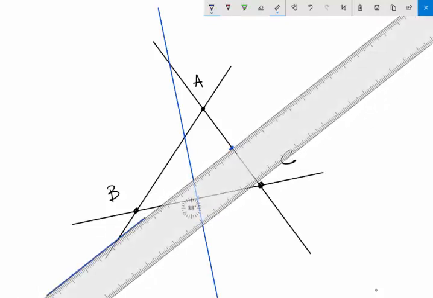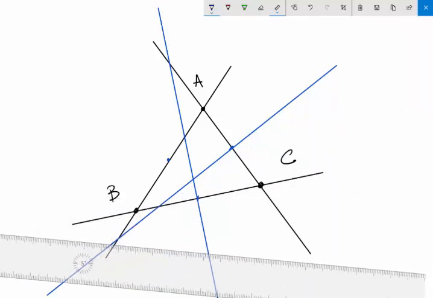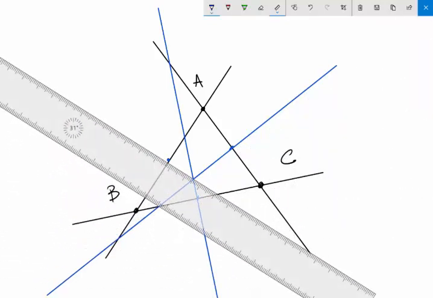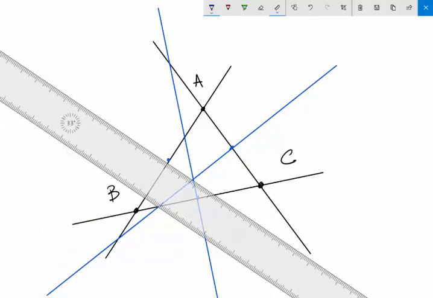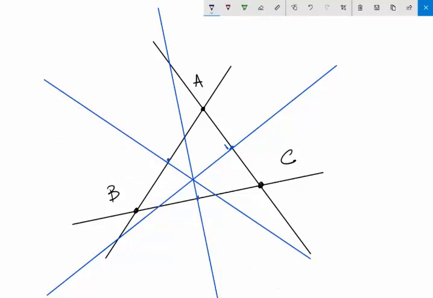This will be a perpendicular bisector, and let's say if this is also about half. More like somewhere here. Then this will be a perpendicular bisector. So all of these lines are perpendicular bisectors of the sides of our triangle, and they all meet at one point. Let's call this point O.